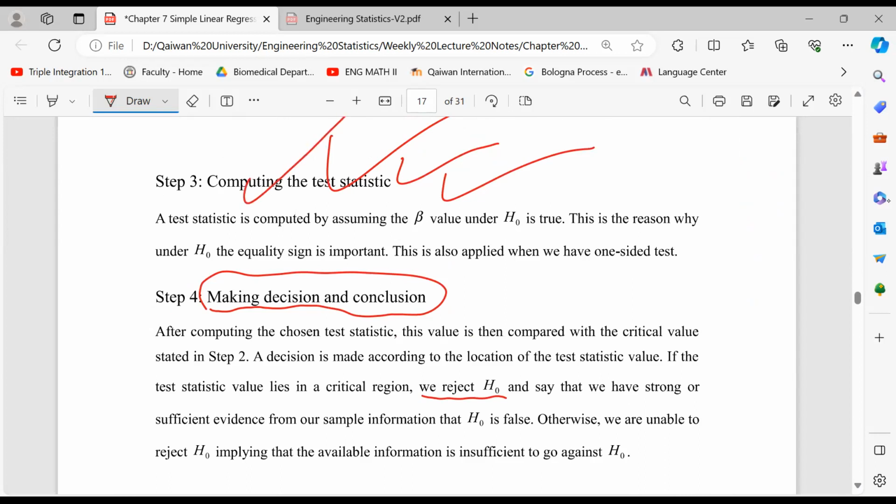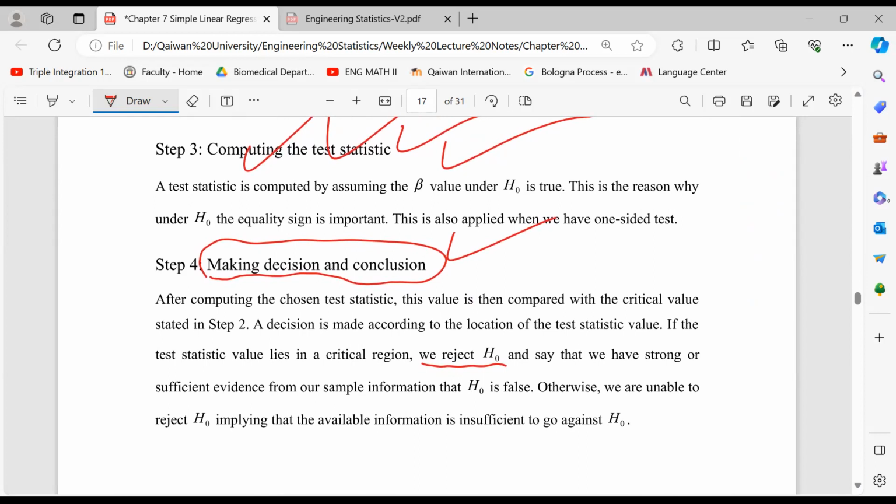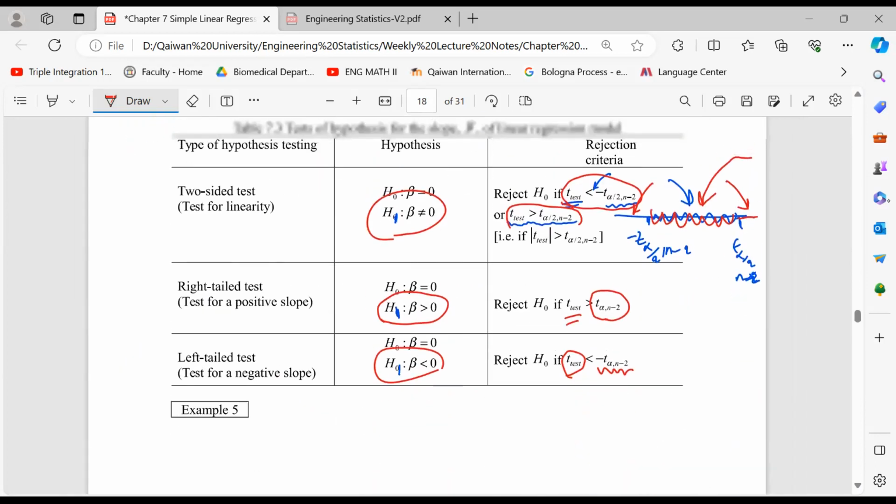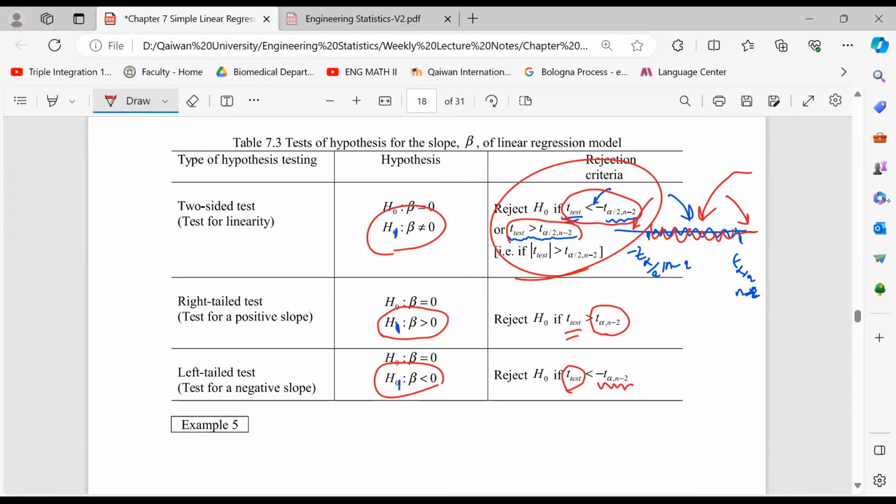After computing the test statistic, we make the decision. Can we reject H naught or not? If we can, we say we reject H naught because of this. Here we reject H naught if these conditions are satisfied in the two-sided case.